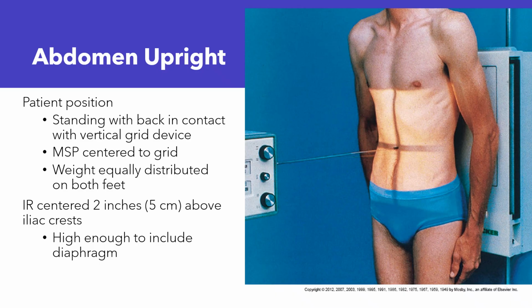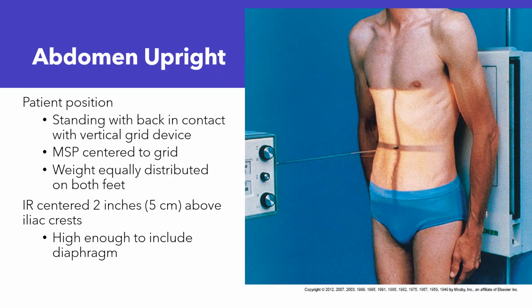The diaphragm is more important on this projection than the regular KUB projection. The regular KUB projection is visualization of the organs of the lower abdomen and the pelvis. This projection is for visualization of free air in the peritoneum.